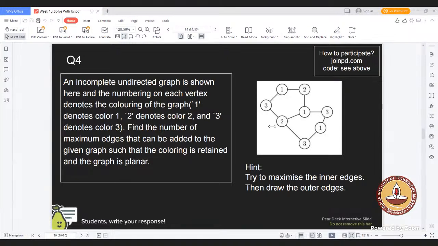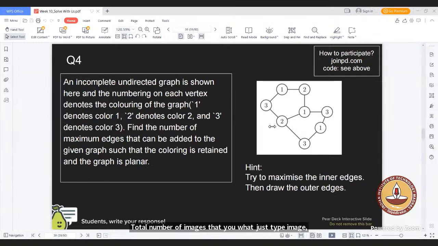You can also tell how many inner edges you got, the total number of inner edges. Just type inner edge and then type the number.